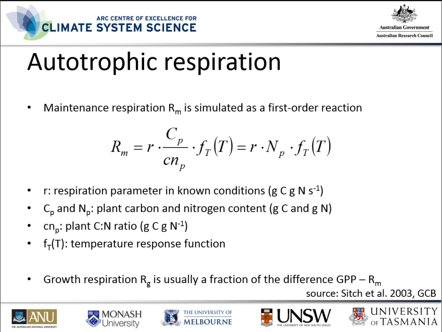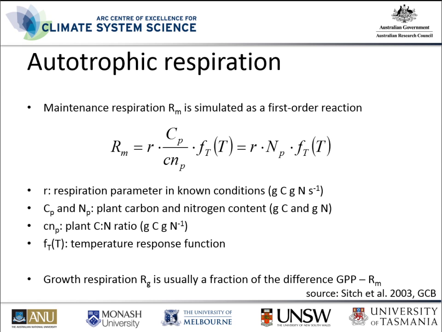So the maintenance respiration is usually simulated as a first order reaction. This is quite similar to the decomposition equation I showed before. So we have respiration here. It's a function of a rate that we input in known conditions, times C over the C2N ratio in the leaves, times a function of temperature. C over C2N ratio is actually just how much nitrogen I have in my plant.